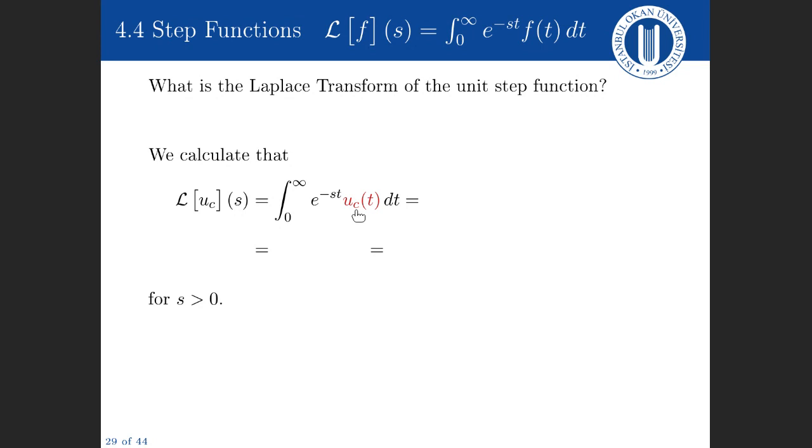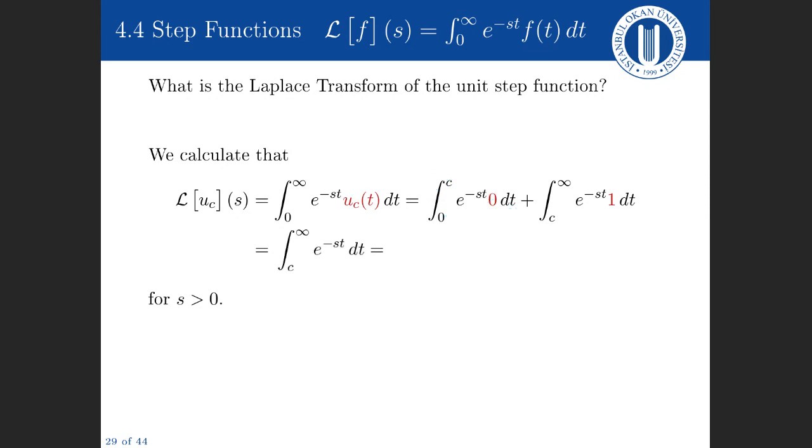Now, this unit step function is either equal to 0 or equal to 1. Remember, between 0 and c, the unit step function is equal to 0. And then between c and infinity, it is equal to 1. Of course, the integral of 0 is just 0, so the first one we can forget about.